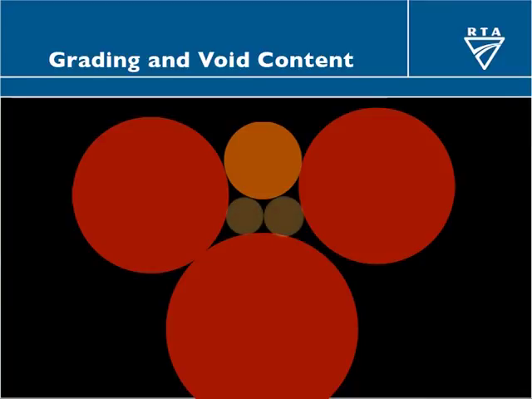Now if we had some smaller particles, we could pack those into those spaces, something like this. If we had some still smaller particles, we could pack those into the remaining voids, and you will see at this point that there's really no way of making that void space any smaller by packing the existing particles more closely. But if we had some smaller ones, they would fit in, something like this.